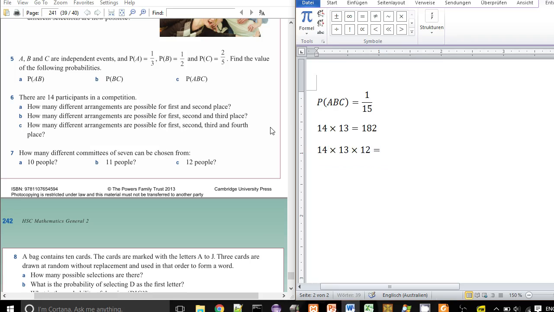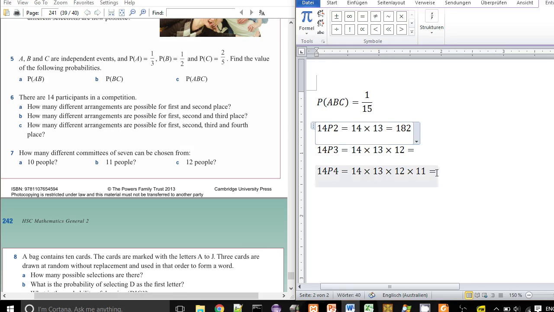First, second, third, and then for the next one, first, second, third, fourth. And keep in mind, by the way, you can also do 14P4 and 14P3, 14P2. These numbers will get quite big, as you can maybe guess. I'm not going to worry about what they are. Just use a calculator. Alright, number 7.